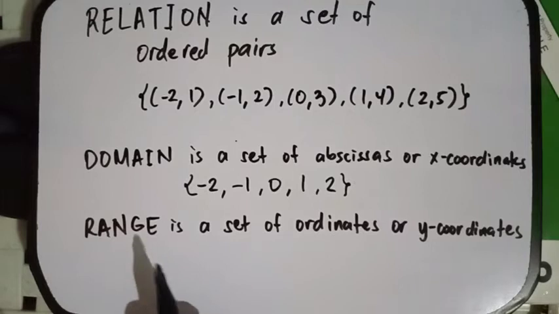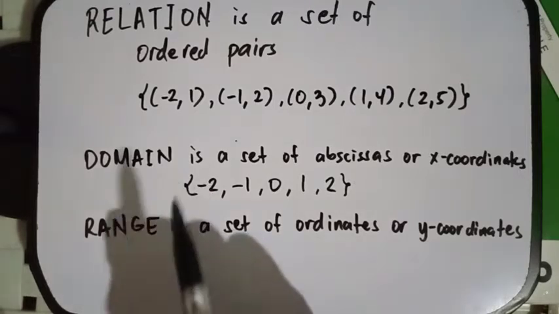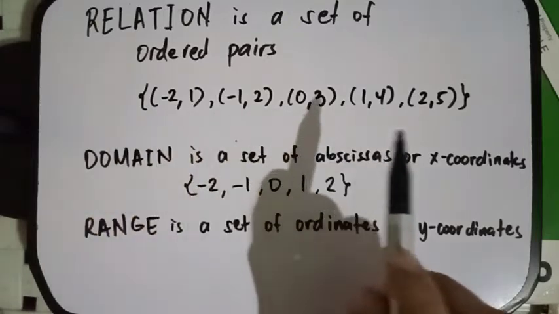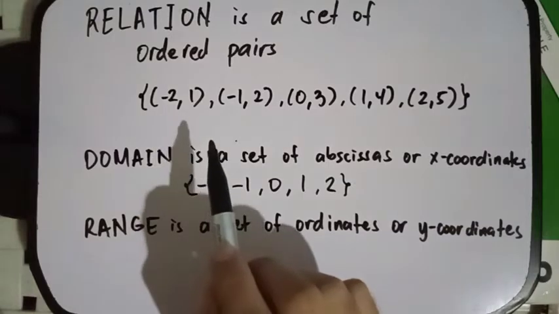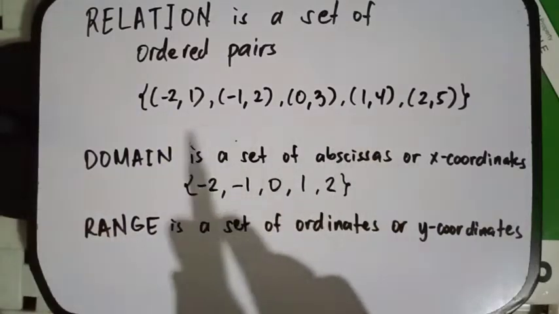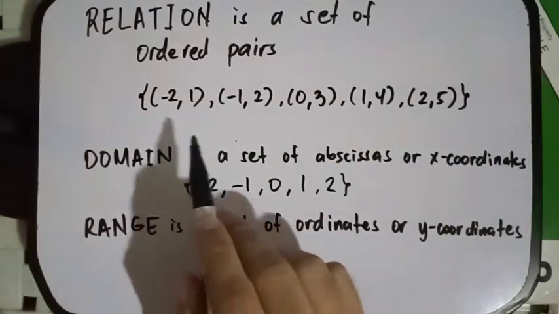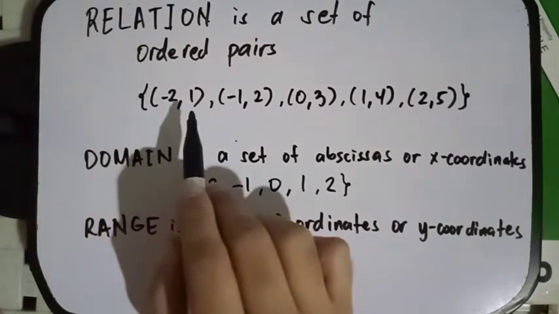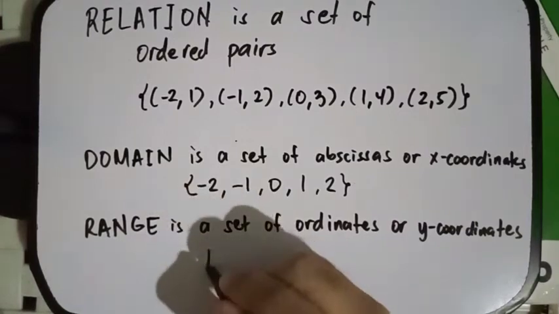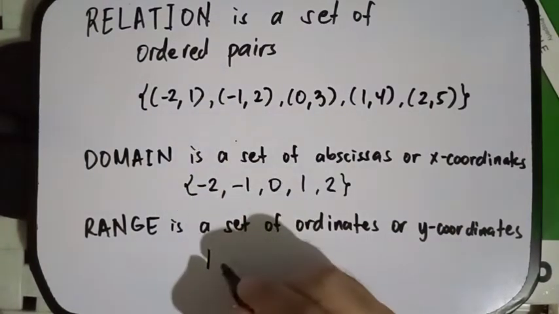Tapos, sa range naman, it is a set of ordinates or y-coordinates. So, ang kukunin natin is yung pangalawang number na nasa relation. Okay? So, doon natin mabubuo yung range ng relation na ito. So, dito, sa ordered pair na to, ang pangalawang number o yung ordinate is 1. Tapos, dito naman is 2.